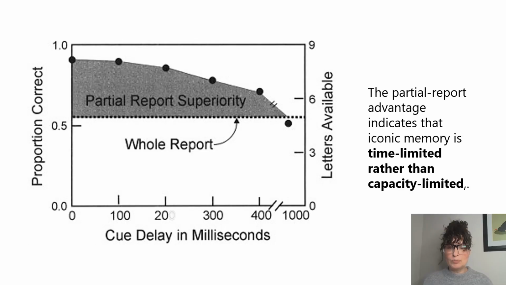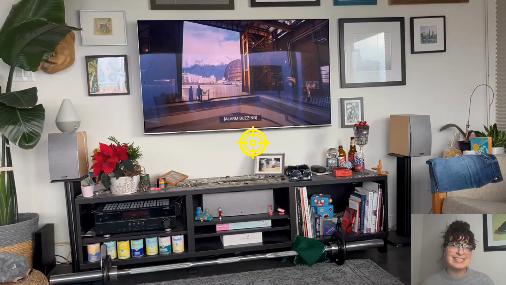So the partial report advantage indicates that iconic memory is time limited rather than capacity limited. The amount of information in iconic memory is probably most of our visual display, but it just fades within about 300 milliseconds, so that we can't access it after that period of time. And you know what? It doesn't need to be longer than that. The point of sensory memory is to help us stitch together our world.